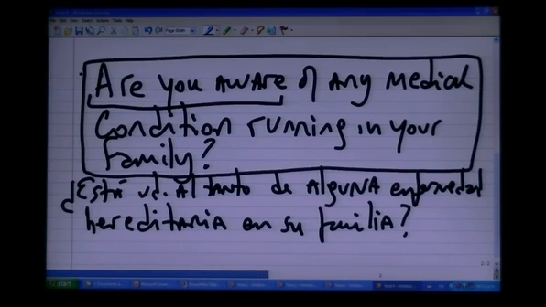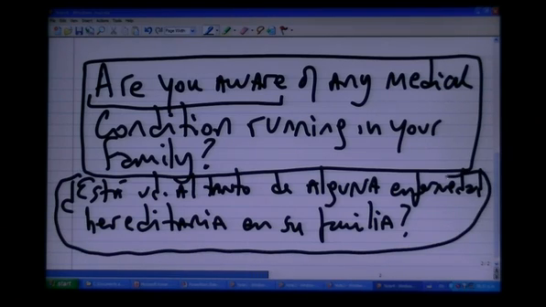So I'm giving you some hints as to how to study for this class. You can write down on a flashcard the whole sentence, not the individual words. Then on the back of the flashcard, you write the translation. ¿Está usted al tanto de alguna enfermedad hereditaria en su familia?